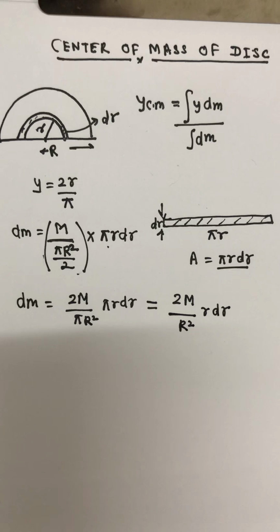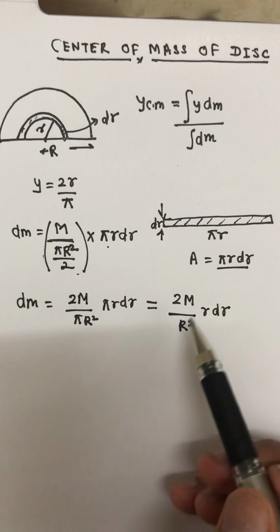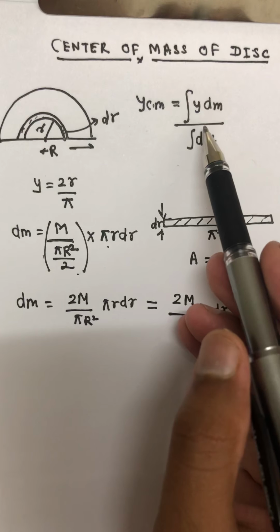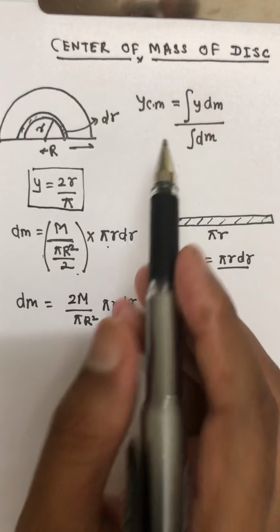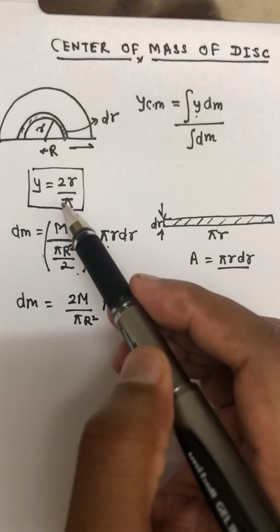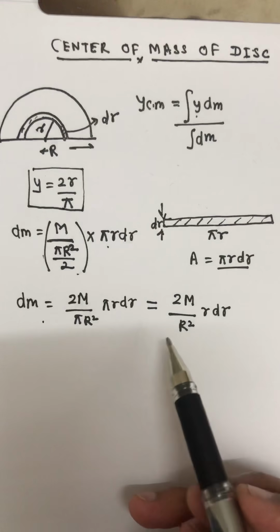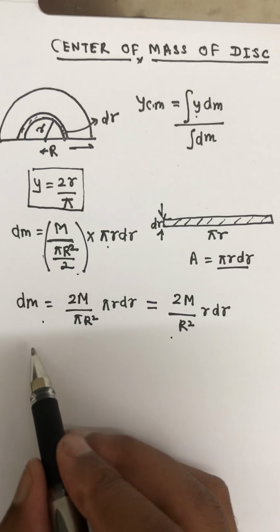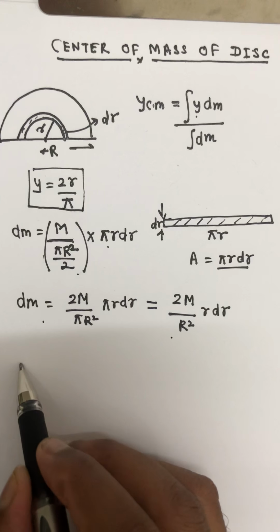In place of dm, I'll write this value in this formula, and in place of y, I'll write this value in this formula. So what will I get?